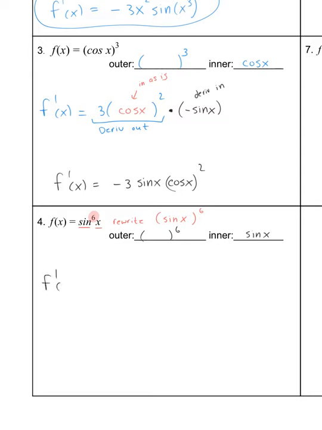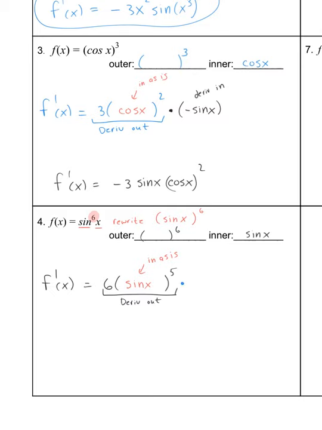Okay, the chain rule, the derivative of the outer is going to be a power rule. The derivative of something to the 6th is 6 times something to the 5th. That is the derivative of the outer. The inner as is goes right inside there, sine of x. Now finally we multiply everything by the derivative of the inner.